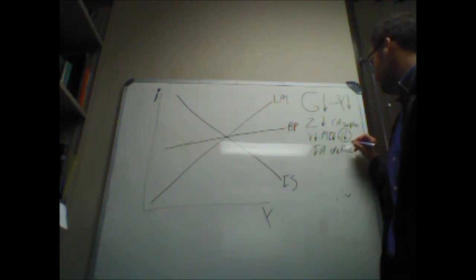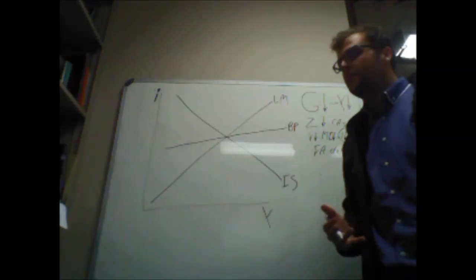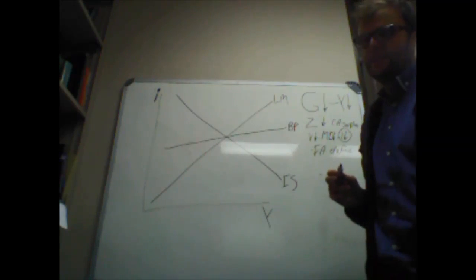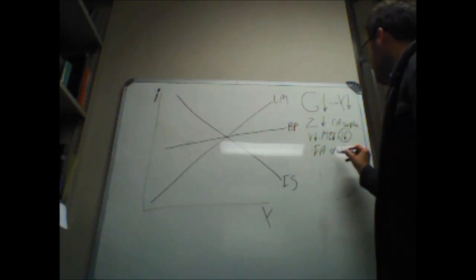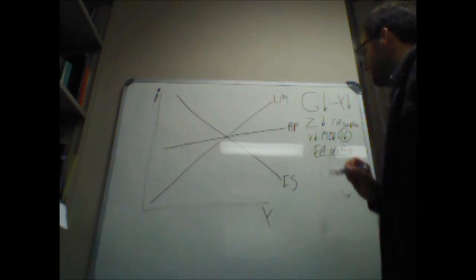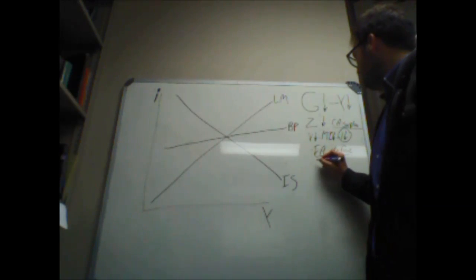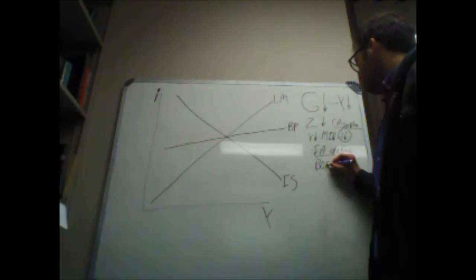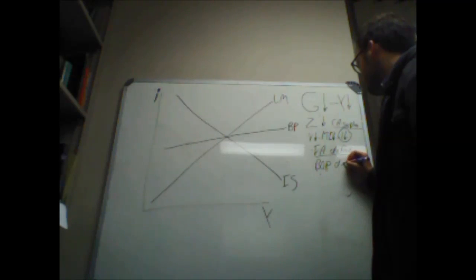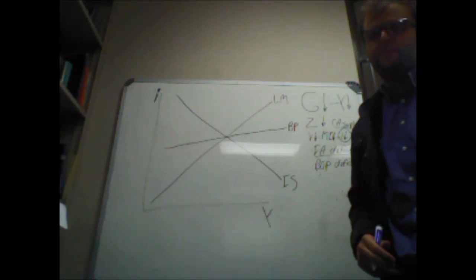And here's where the important assumption comes in. When we have a BP curve like this, we assume that our financial account is more sensitive than our current account, so your BOP will follow your financial account. Whatever is in your financial account, your BOP will be in the same situation.